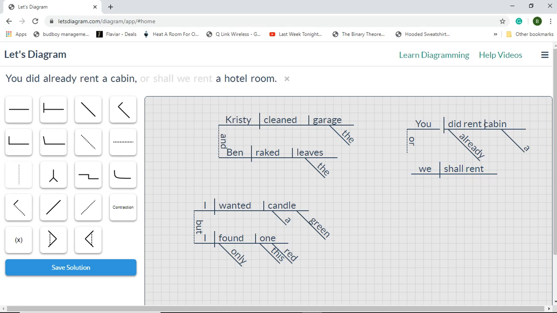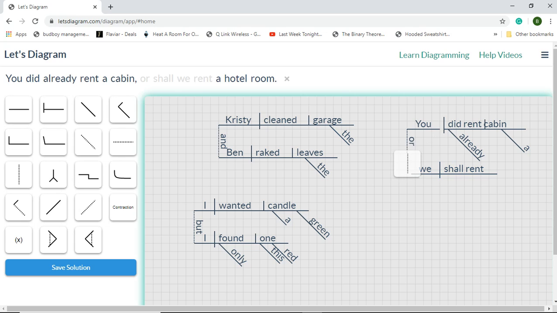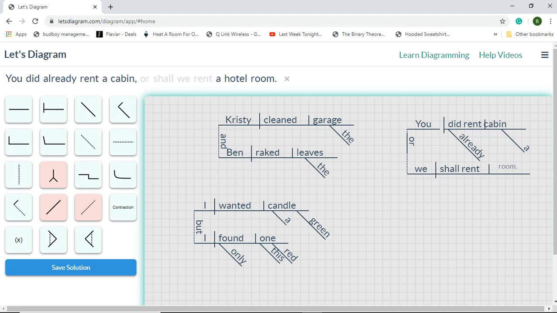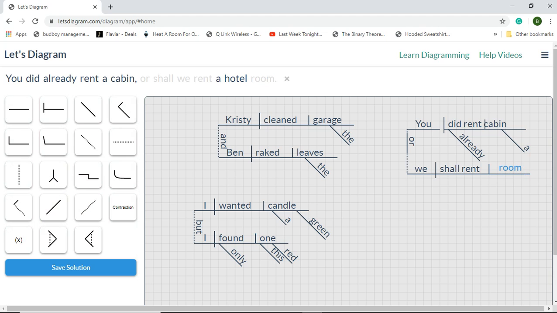Try to make that look a little nicer. Okay. The direct object of the sentence is room. What are they going to rent? They're going to rent a room. So shall rent is transferring to the word room, which is the direct object, which is a noun.